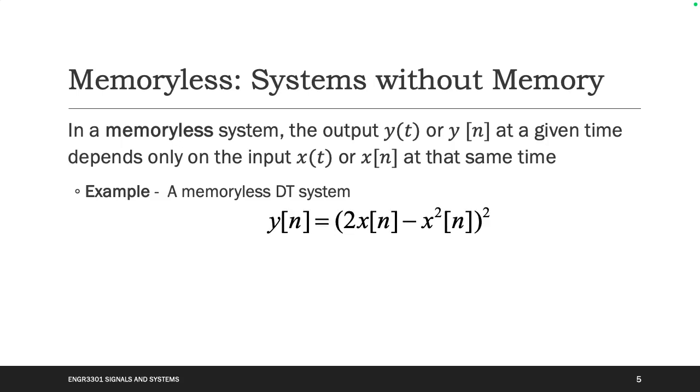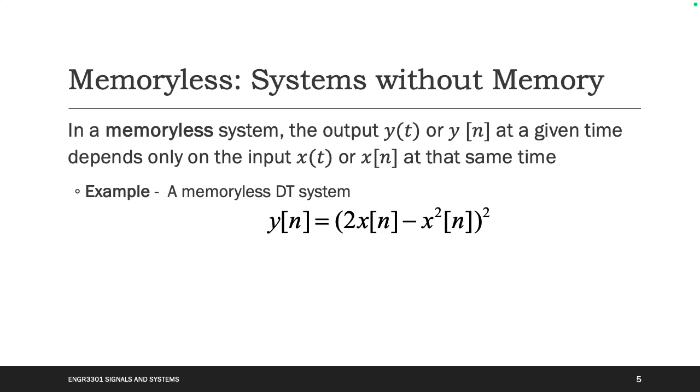For example, a memoryless DT system. You can see here, this is the input and this is the output. Actually, y[n] by itself is not a system; the whole equation is a system. x[n] is the input signal, and y[n] is the output signal. The whole thing represents a system.